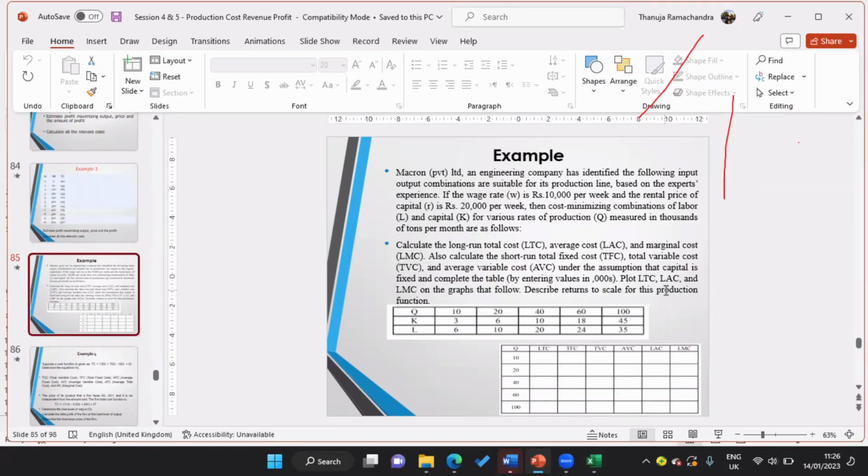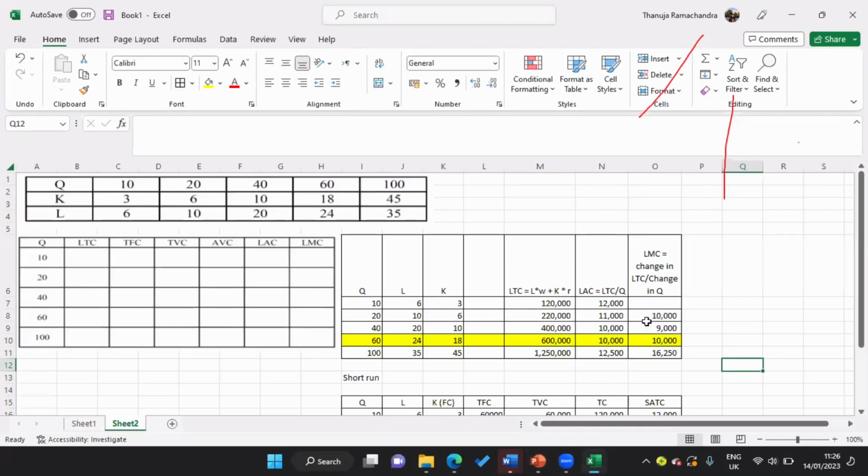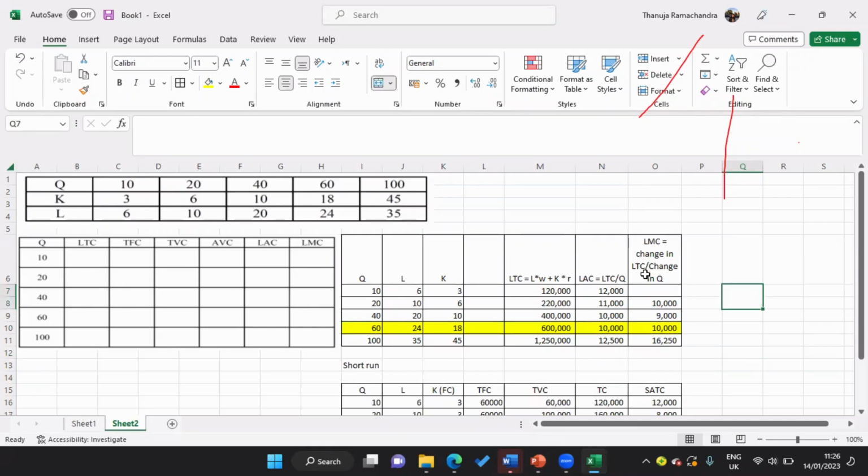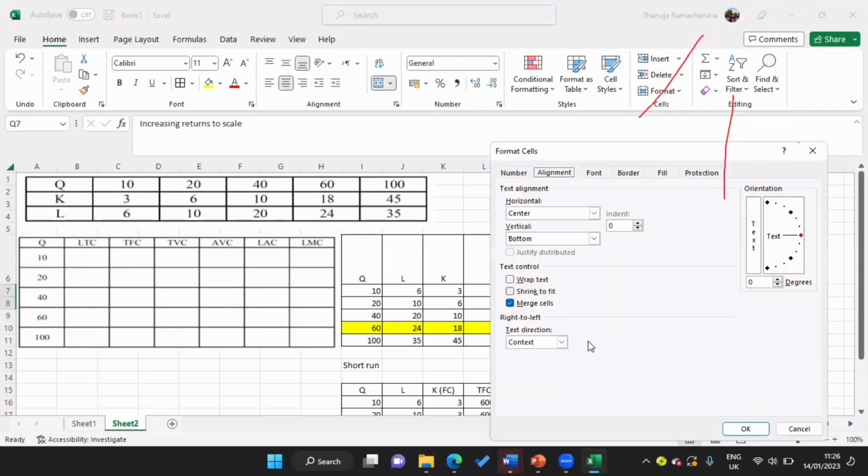Plot LTC, LAC, LMC on the graph. Describe return to scale for this production function, right? So that is what I told you now. This range, these two we can put as increasing return. Why? Why is scale increasing? Production goes from 10,000 to 20,000. Meanwhile, you can see the long run average cost is coming down from per unit cost 12,000 to 11,000, right? So therefore, it is increasing return to scale.